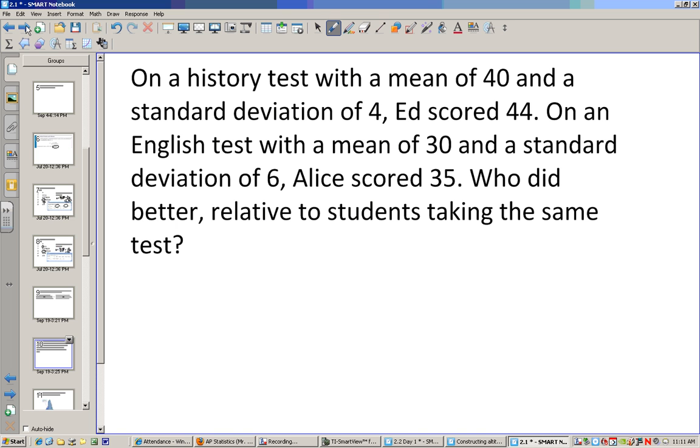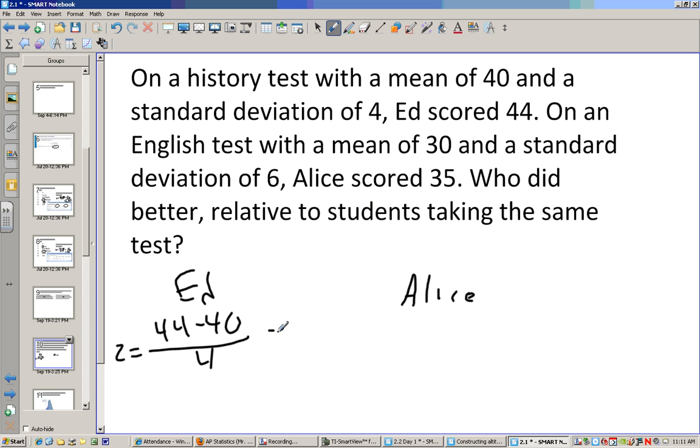And here's how. On a history test with a mean of 40 and a standard deviation of 4, Ed scored 44. On an English test with a mean of 30 and a standard deviation of 6, Alice scored 35. Who did better relative to the other students taking the test? Well, let's take a look. To find Ed's score, I would take 44 minus 40 over 4.